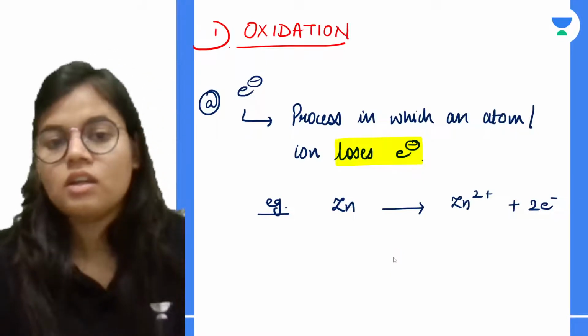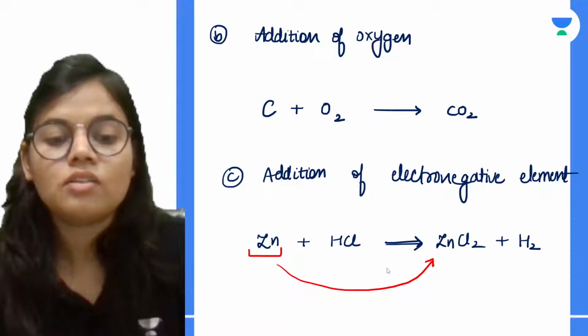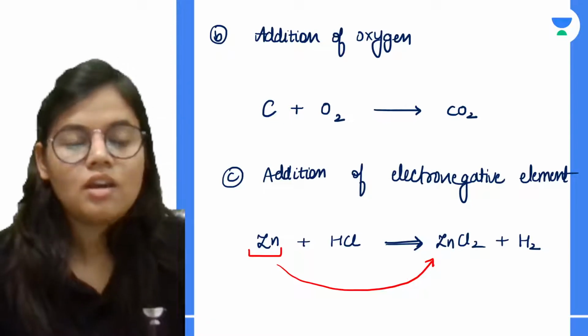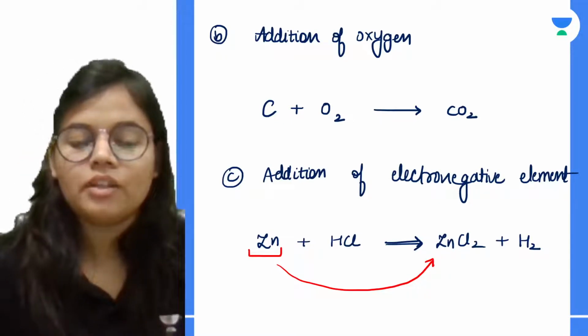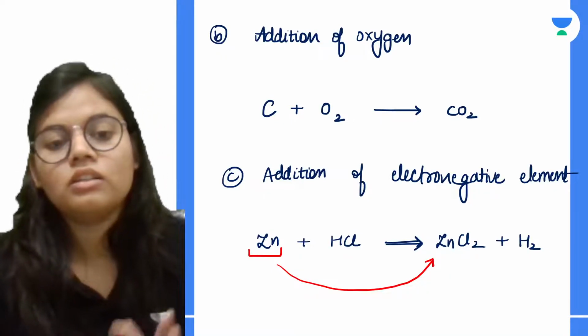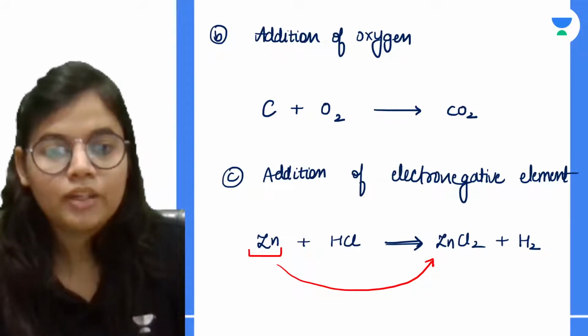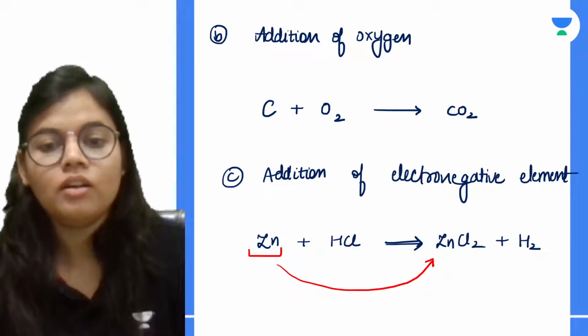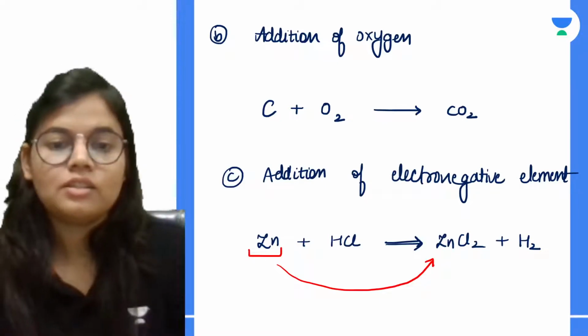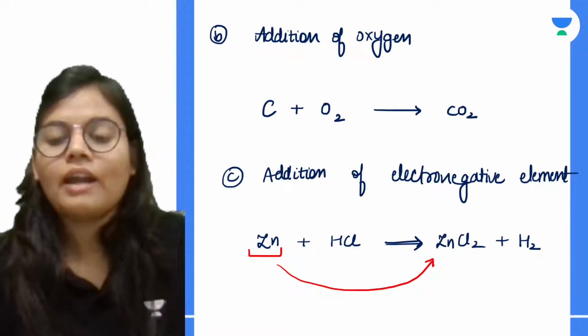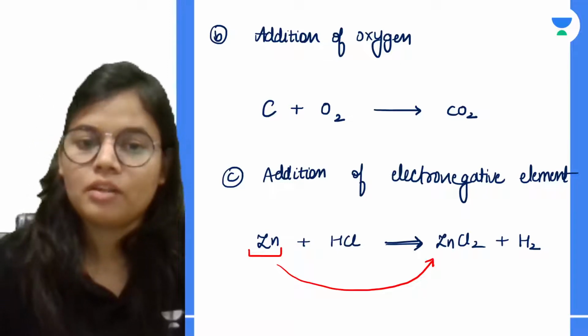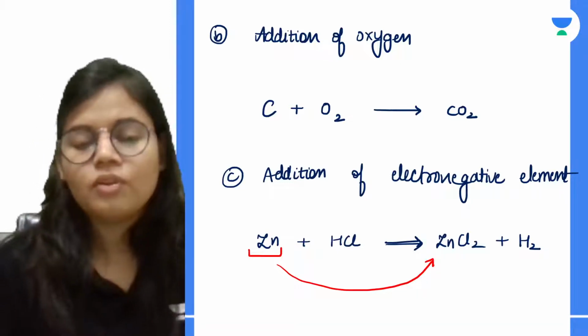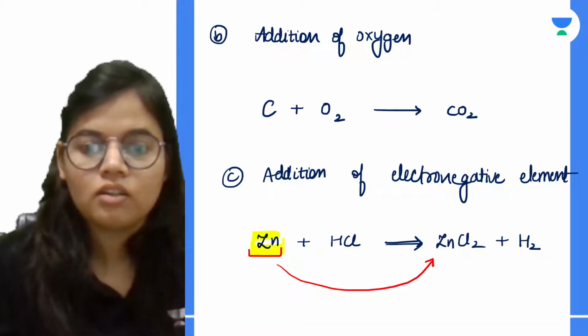Okay, second one is addition of oxygen. So if I am having any element and oxygen is added to it, then also the oxidation process is said to occur. And the third one is adding any electronegative element. For example, here zinc.